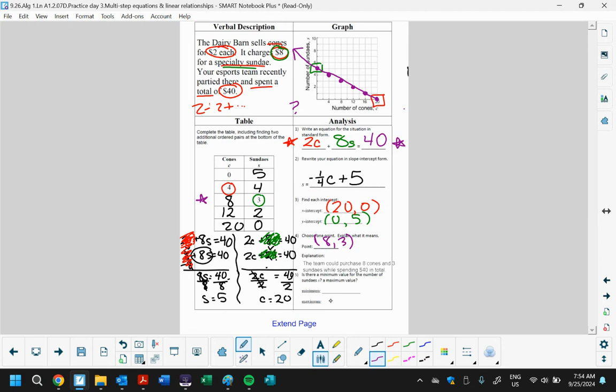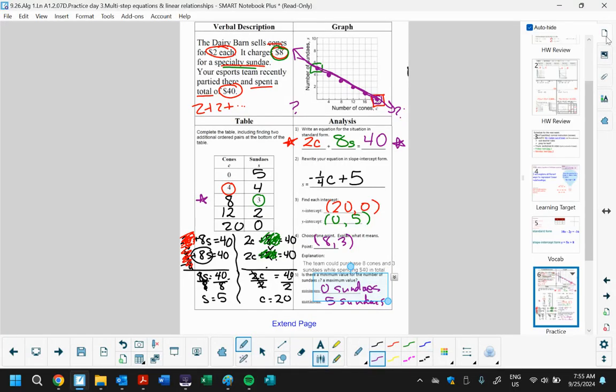So the highest possible, the maximum, would be 5 sundaes. As for a minimum, if I went the other direction, I can't go past 0. You can't have negative sundaes, so the minimum would be 0. I just wanted to review those terms of maximum and minimum, which we will be talking more about as the days go on.